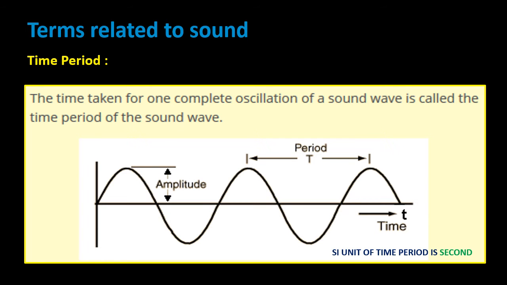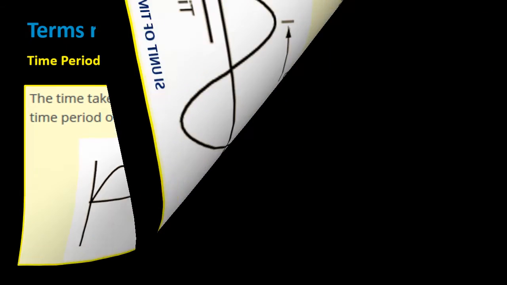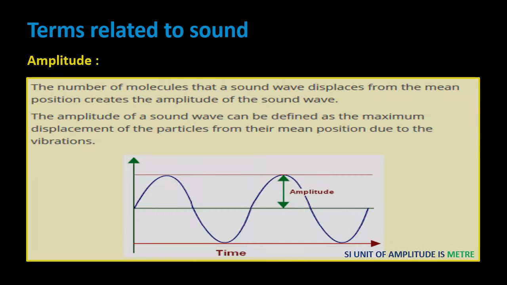Talking about time period, the time taken for one complete oscillation of a sound wave is called the time period of the sound wave. The SI unit of time period is second. Now talking about another term related to sound, that is the amplitude.